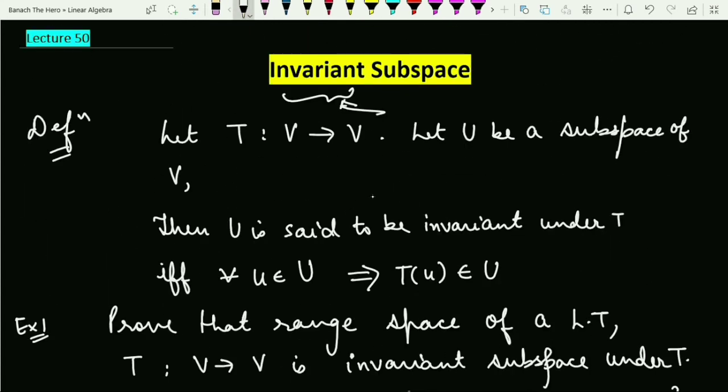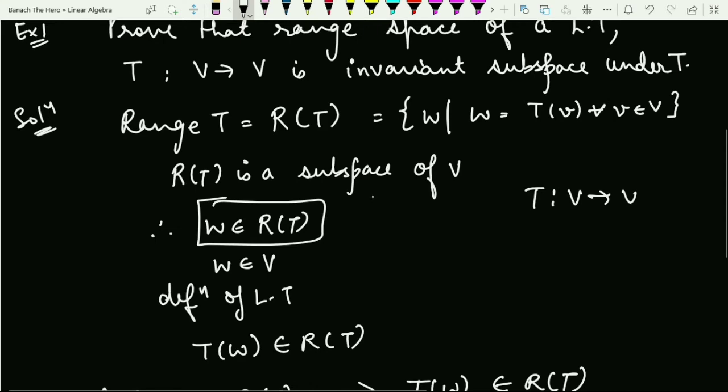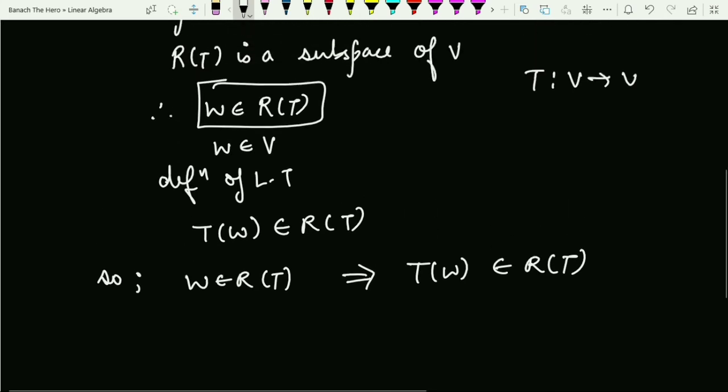If I consider U to be any subspace, I will call this U invariant if you consider any arbitrary element, for all u coming from capital U, T of u should also belong to U. So w was any arbitrary element that was belonging to R of T, and finally you proved that T of w also belongs to the R of T, and hence I can say this implies range space of T is an invariant subspace.